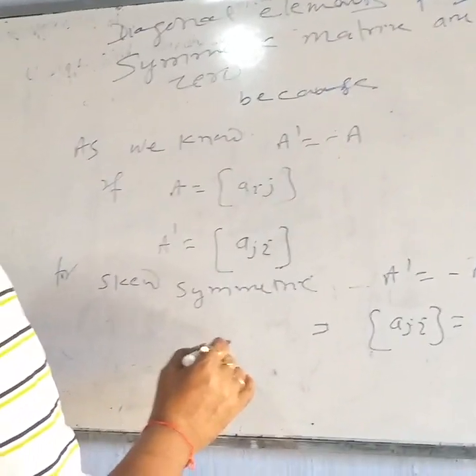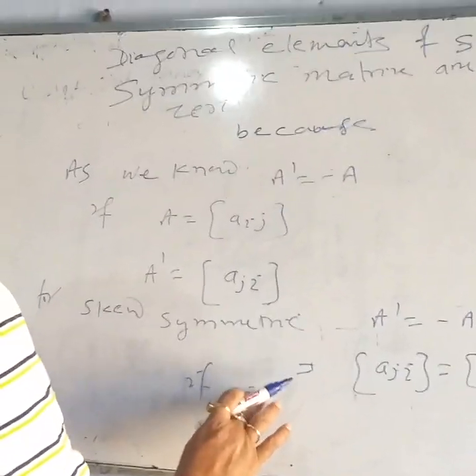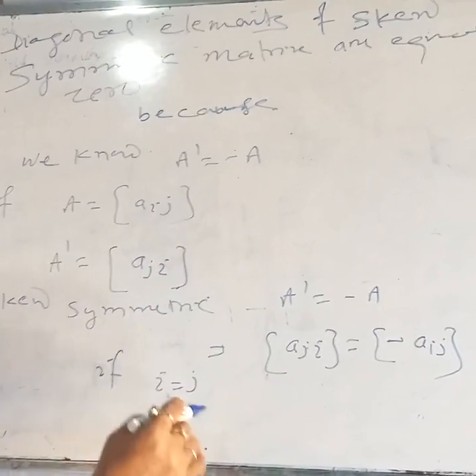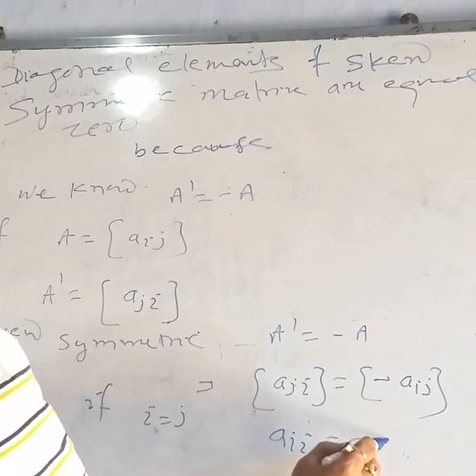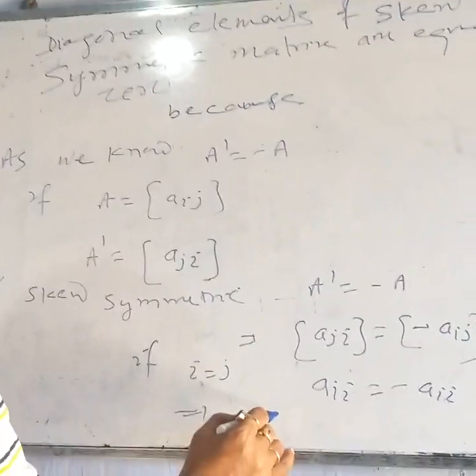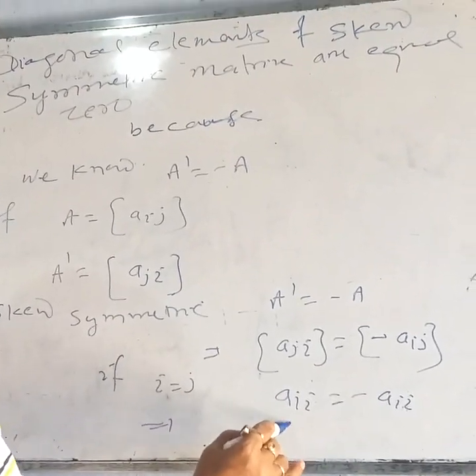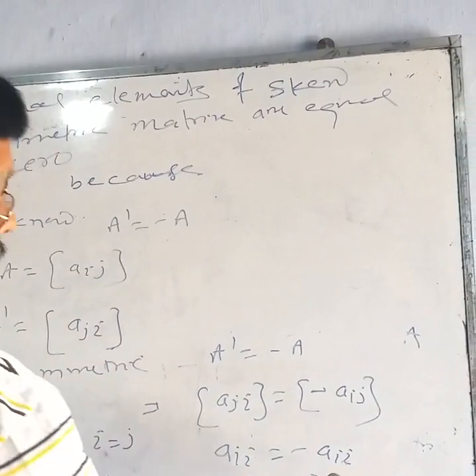So if i is equal to j, Aii is equal to minus Aii. So Aii plus Aii is equal to 0.